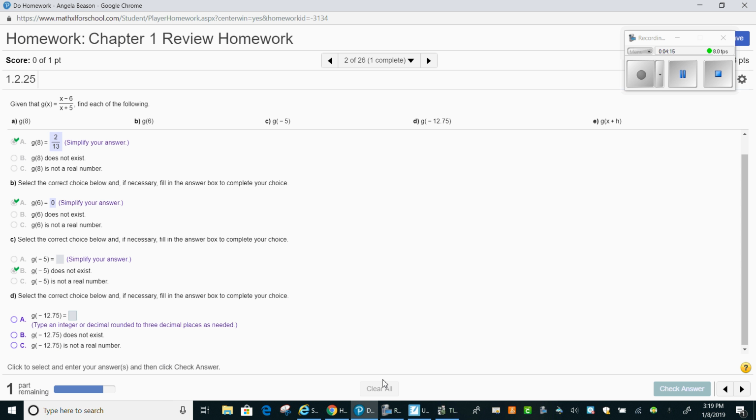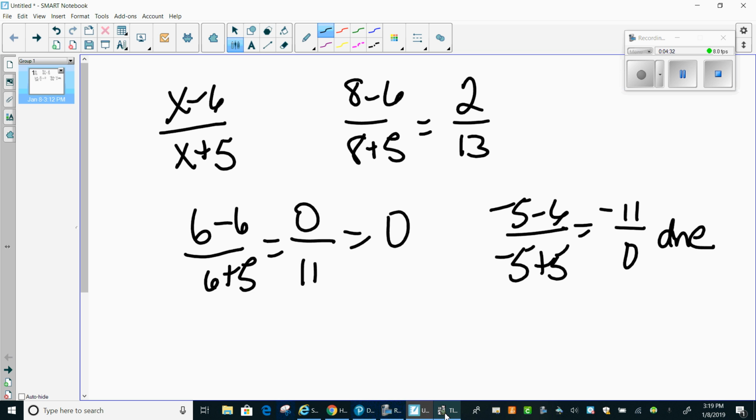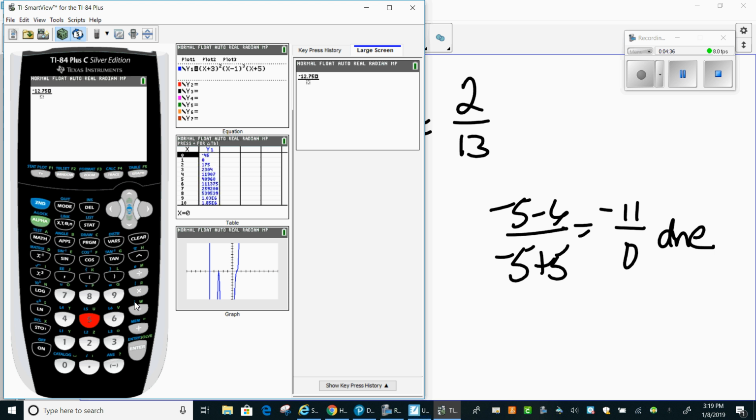All right, and then g of -12.75. I'm going to do this one on a calculator. Remember, if you hit alpha y equals, it makes a fraction. On the top, I'm going to put -12.75, minus 6 on the top.